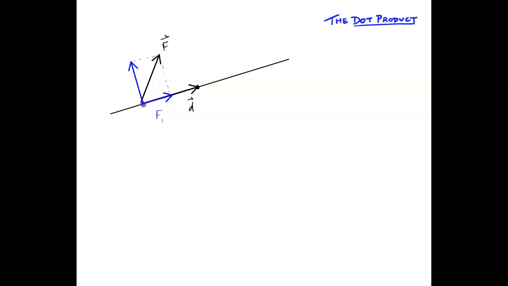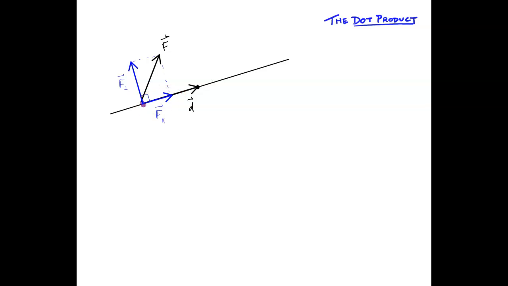I'll call this one F parallel because it's parallel to the direction of motion, and I'll call this one F perpendicular because it's perpendicular to the direction of motion. And now we can see that F is the sum of these two other vectors. Now the idea is that this component vector isn't actually doing any work moving the object down the path. This component is the one that's actually doing the work.